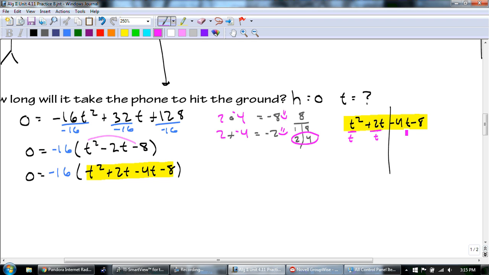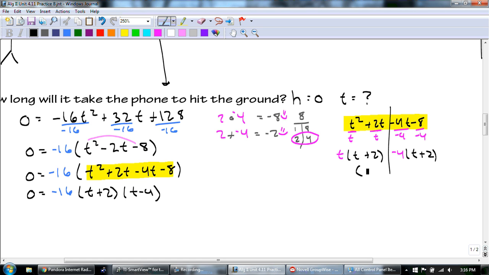Okay, I've got a t over here. I can take out a negative 4. So we get t plus 2 and negative 4. So negative 8 divided by negative 4. Yeah, positive 2. So as I bring it all together, we have negative 16, t plus 2, and t minus 4, which is what we got here. T plus 2, t minus 4.